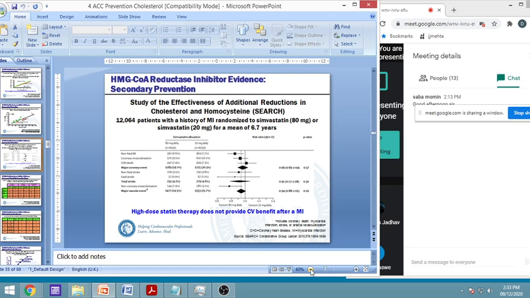After MI it does not provide much additional cardiovascular benefit, and a high dose does not provide much benefit, but yes, the moderate dose should be continued as prophylaxis to prevent further attacks in the patients, because it is very important. So this is how these guidelines are evolving, that is, what dose we can use and when. If it is an angina case and hyperlipidemia is there and no other cardiovascular problem has occurred so far, then immediately try to control it with that.